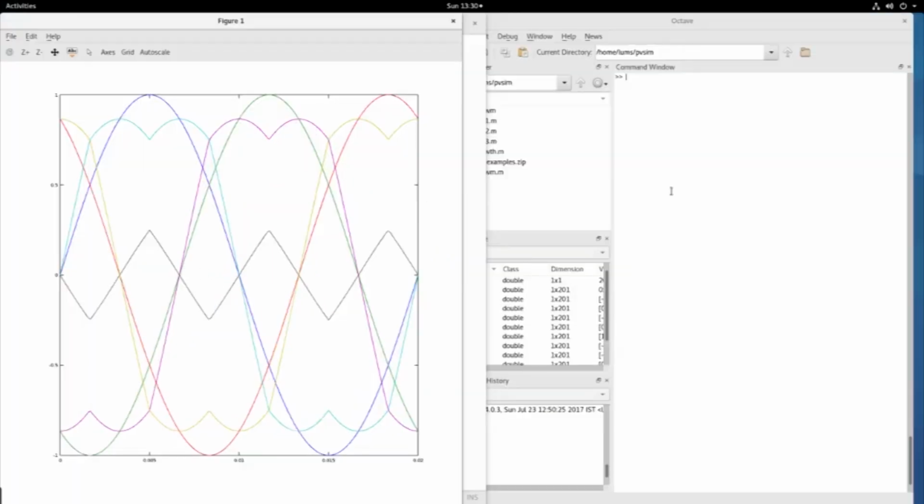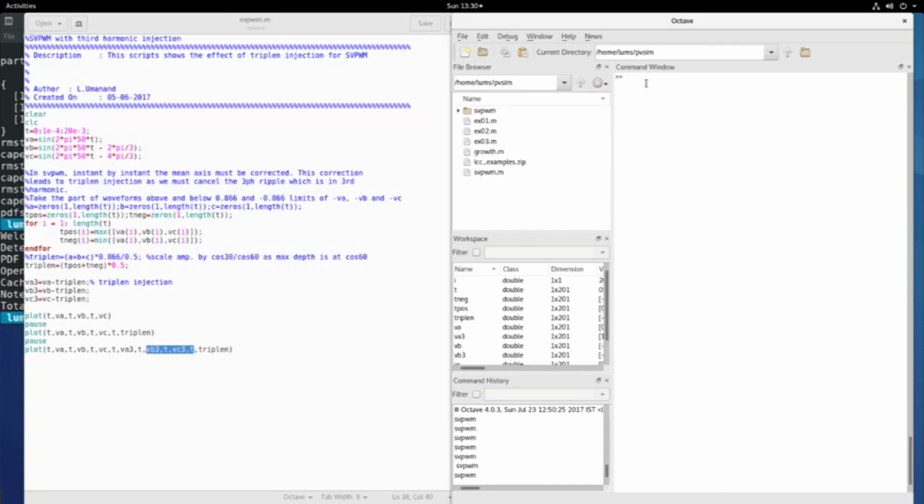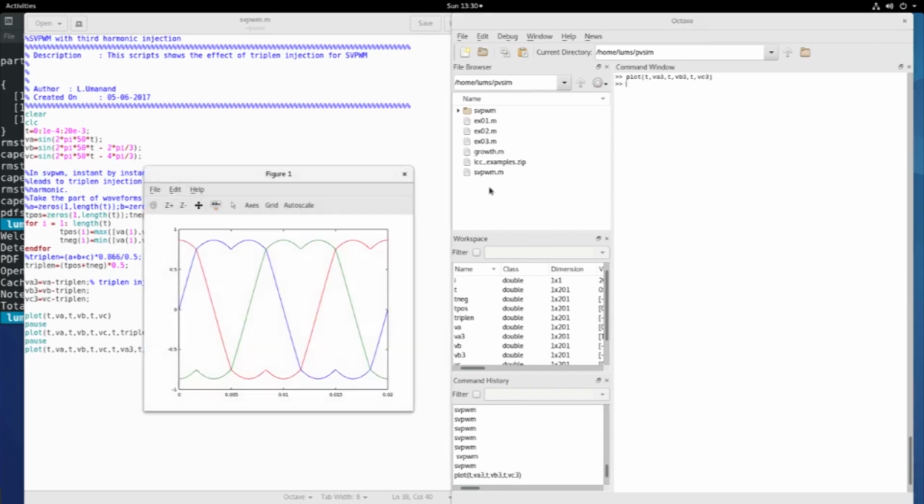Let me remove this and plot T comma VA3, T comma VB3, T comma VC3. You will see a wave shape with the top flattened out, which gives the extra mileage for the modulation.